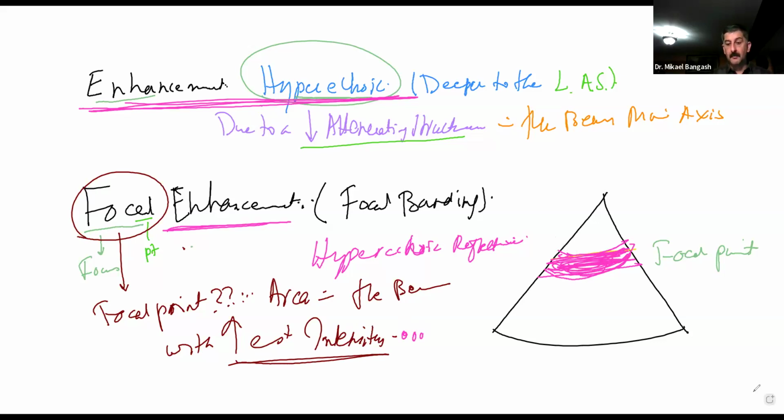Now, can anybody tell me why at the focal point, or at the focus, a beam will have its highest intensity? What was the whole idea behind that? The area is the smallest. Exactly, that's the point of the beam where the area or the diameter of the beam is smallest.